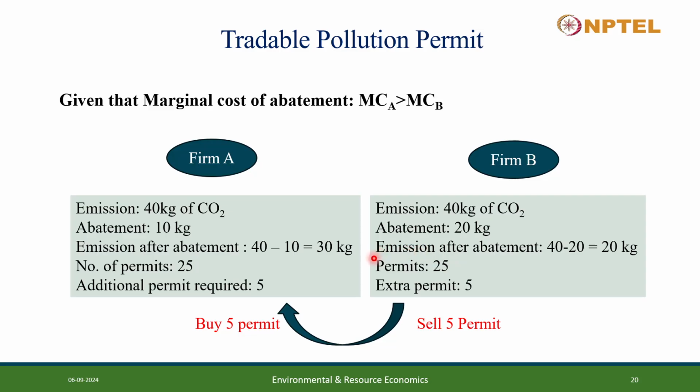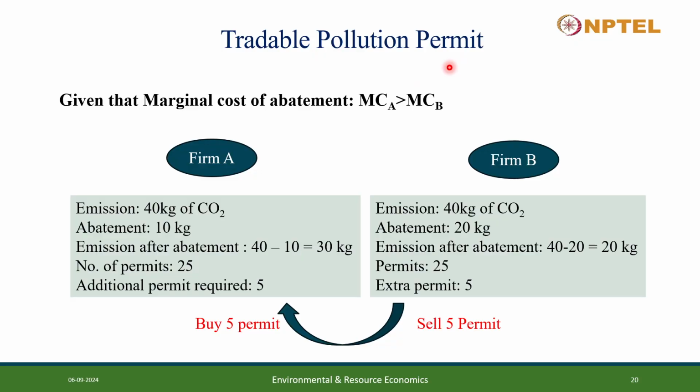Firm B has a permit of 25 kg of CO2, and the actual emission is 20 kg, so it has 5 extra permits. So in this case, firm A will buy 5 permits from firm B. Firm B will sell 5 permits and firm A will buy the same.